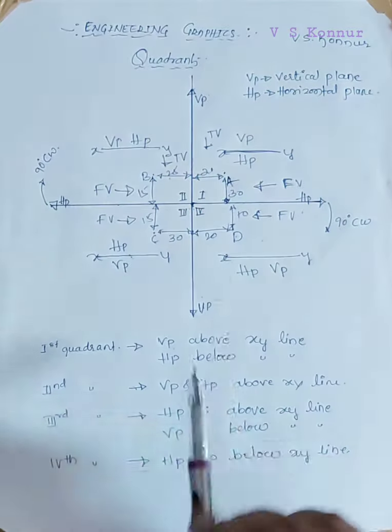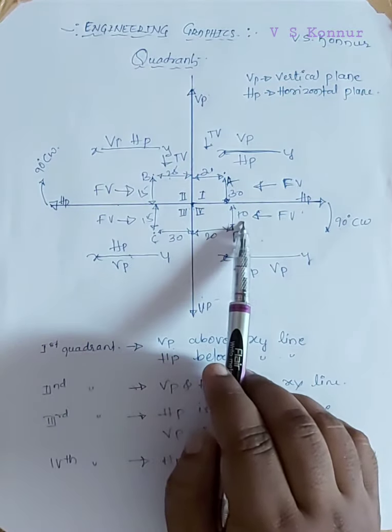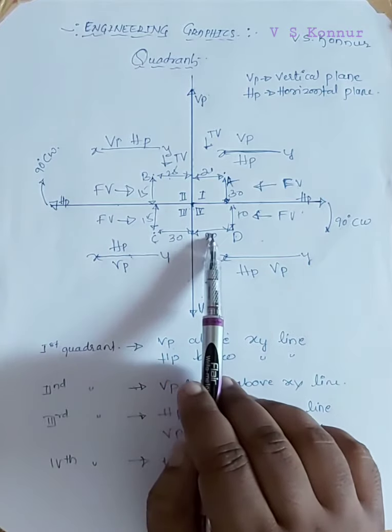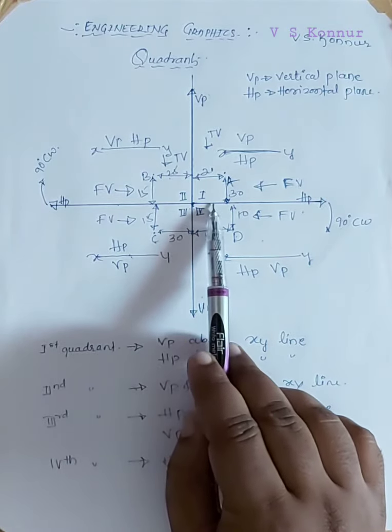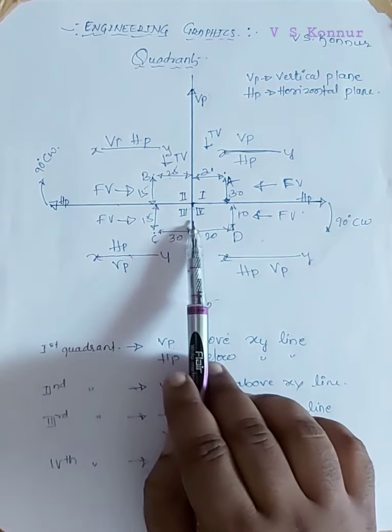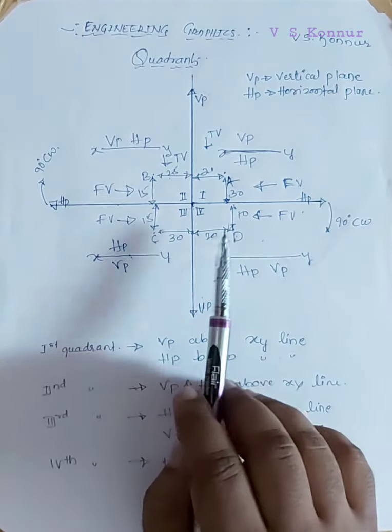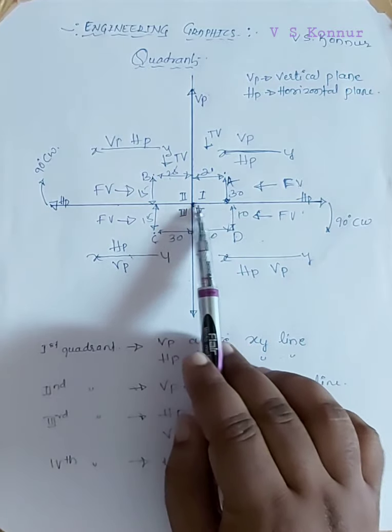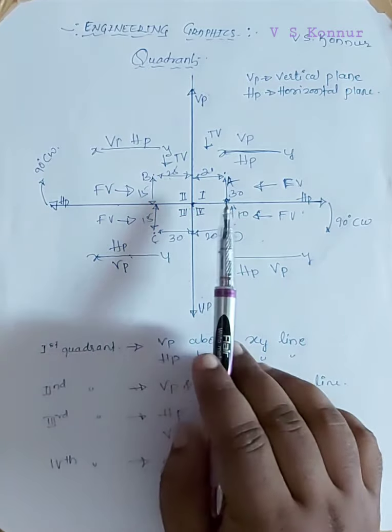The top view remains the same. In the front view, 10 mm will be projecting on the vertical plane, and 20 mm from the top will be projecting on the horizontal plane. 10 mm on the vertical plane, 20 mm on the horizontal plane.